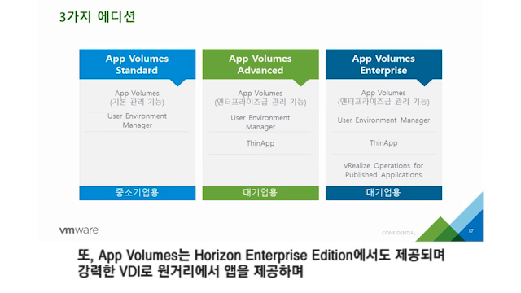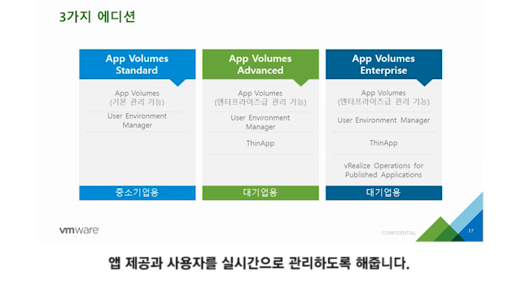And also note that App Volumes is available as part of our Horizon Enterprise Edition, giving our customers powerful VDI, remote apps, and real-time app delivery and user management, all available within Horizon Enterprise.